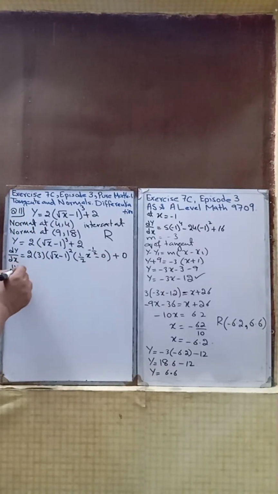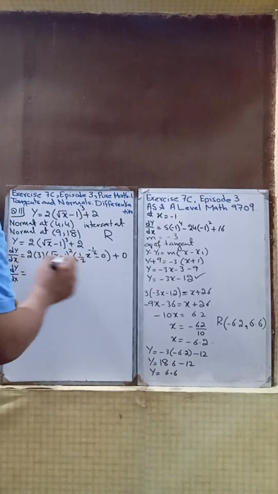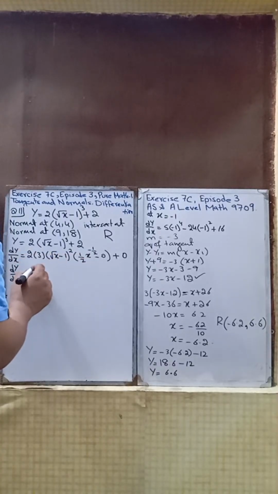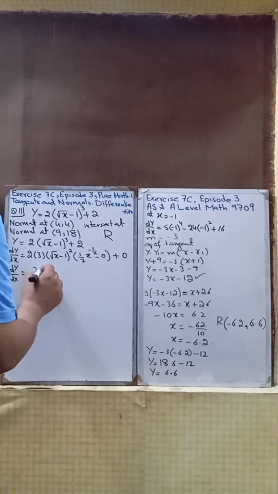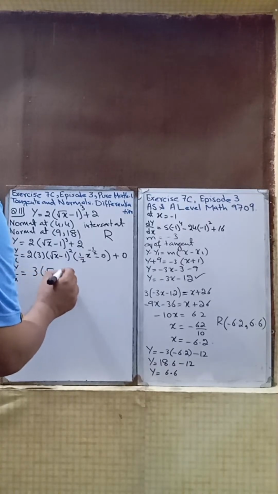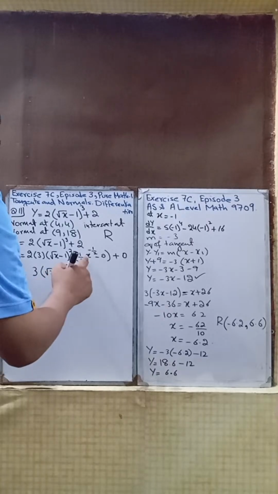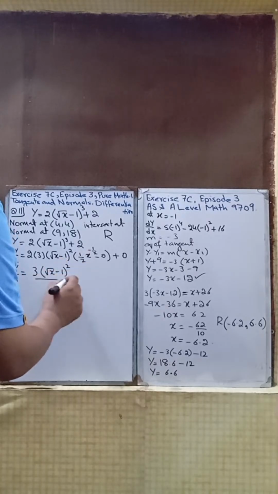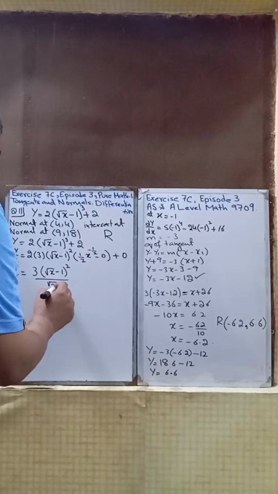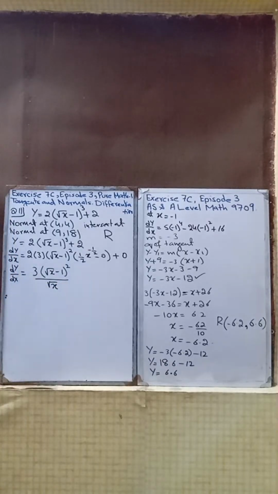So dy by dx: the 2 and 2 cancel, leaving 3 bracket under root x minus 1 whole squared. Its power is negative, so I take this downstairs. This is how you find the derivative of this.